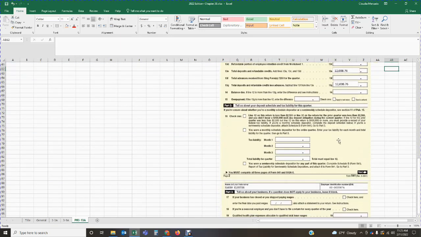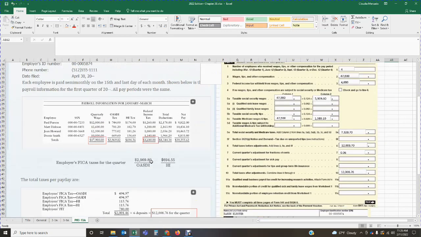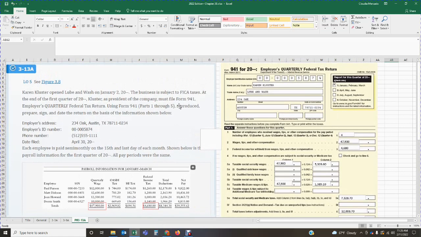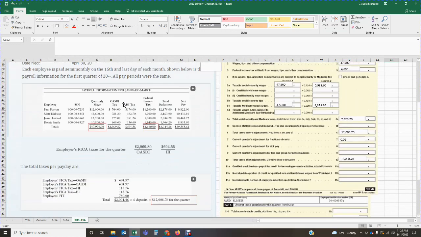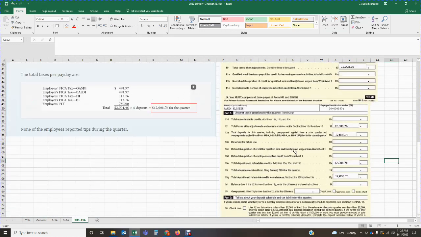Part number 2. We have to check 1. Are we a monthly scheduled depositor for the entire quarter? So yes, we are. They get paid semi-monthly. We are a monthly depositor.